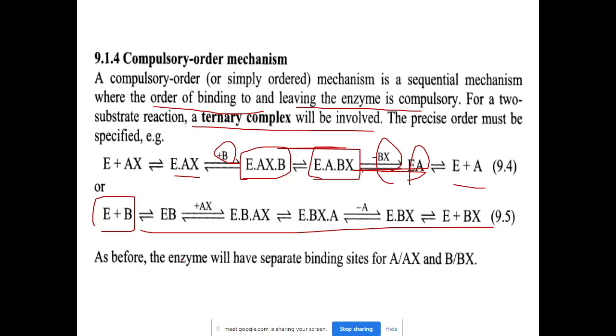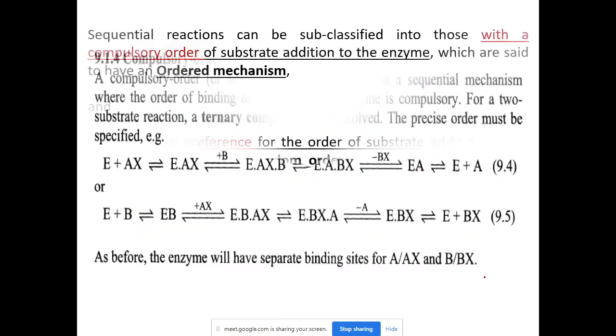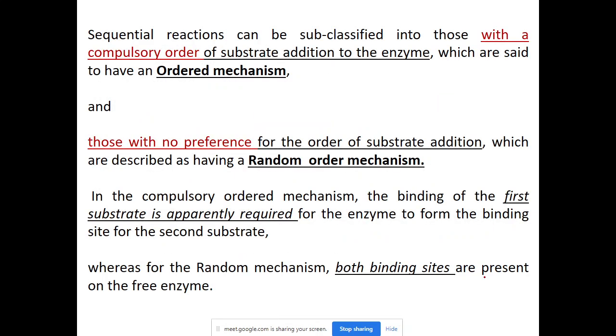So the enzyme will have a separate binding site for A and AX and B and BX. I already explained this to you. A sequential reaction can be classified into a compulsory order, which means the order of substrate addition to the enzyme is compulsory, which is said to be an ordered mechanism. So compulsory order can be called the ordered mechanism.